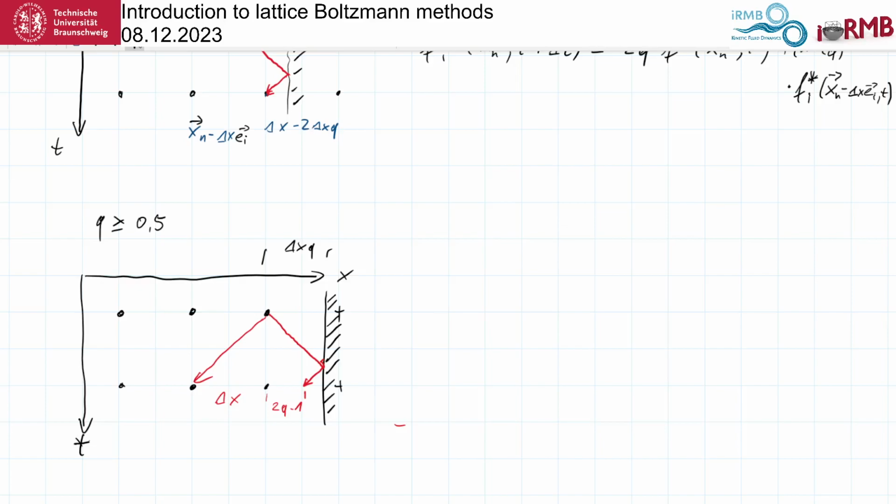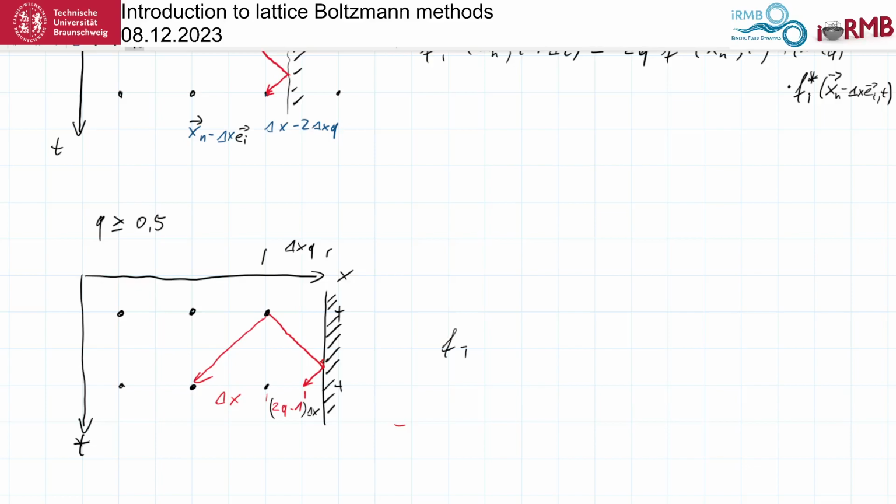So the entire distance that we cover, maybe I should put delta x to make it the distance actually. So the entire distance that we cover is delta x plus 2q delta x minus delta x. So we'll have the entire distance covered is then 2q delta x.